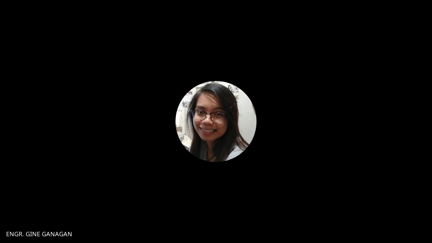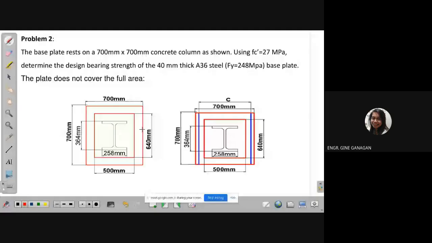So, ano yung pinukuha natin dito? We're going to solve for the design bearing strength. So, yung design bearing strength natin, LRFD pa rin tayo. Ayan, yan yung ating design bearing strength. So, dapat yung design bearing strength natin is okay doon sa support and then yung sa ating bending.